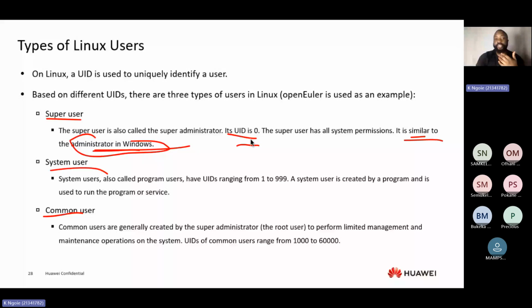On some systems, especially when you're using the command line, like on Windows when a GUI gives you a message to log in as a super user, you just click there. But when you are using a command line, you have to put a certain syntax. For example, in front of your command line, you write su, which is super user.